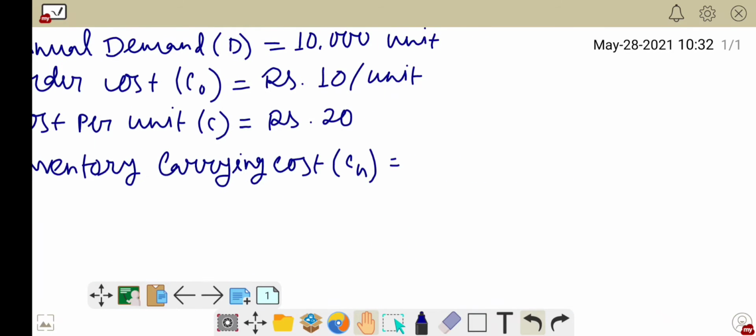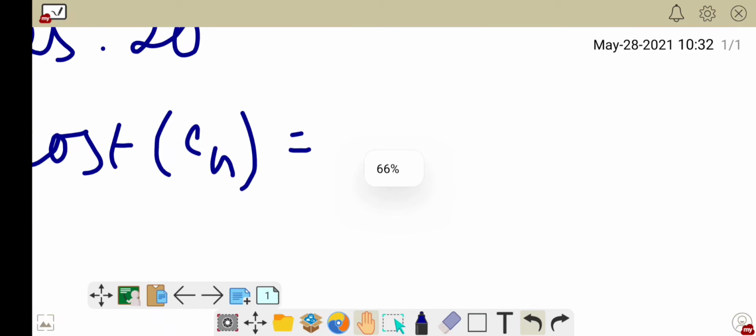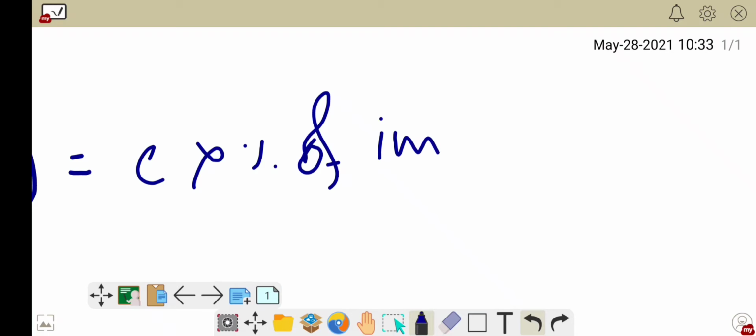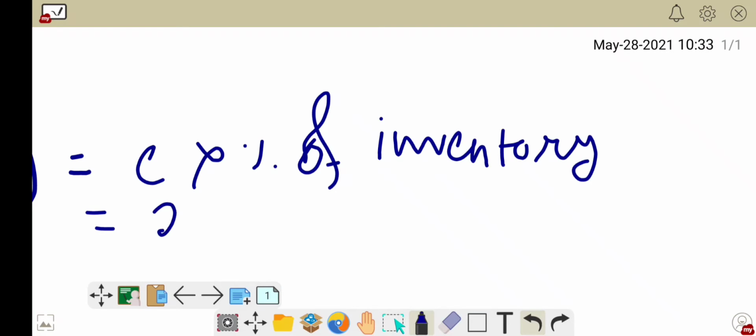So 20% into value of inventory, that is cost per unit. So this will be calculated as C into percentage of inventory. C means 20 per unit and percentage is 20%. So it will be valued rupees 4.